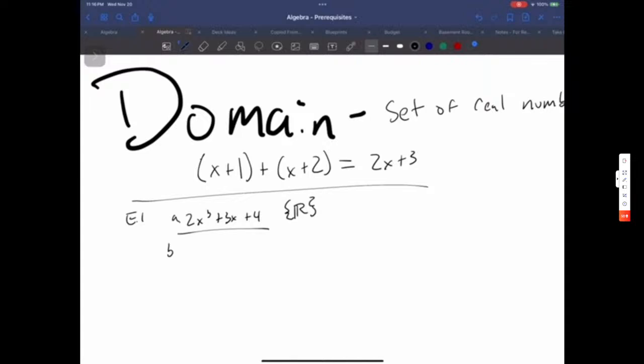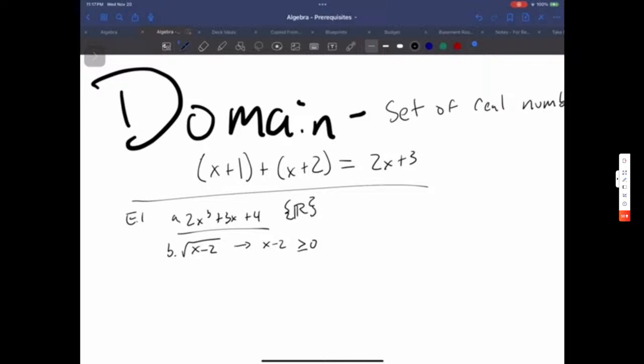So the domain of the radical expression square root of x minus 2 is the set of all real numbers greater than or equal to 2, because the square root of a negative number is not a real number. As long as x minus 2 is greater than or equal to 0, this expression works.